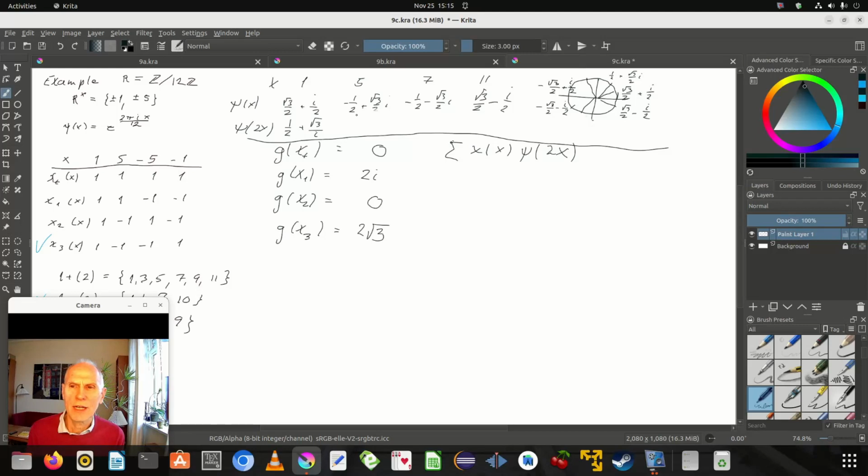And 10, this is 6, 9, 10. This is 11, so this is 10. If we add them, it gets 12, so it's just the conjugate.